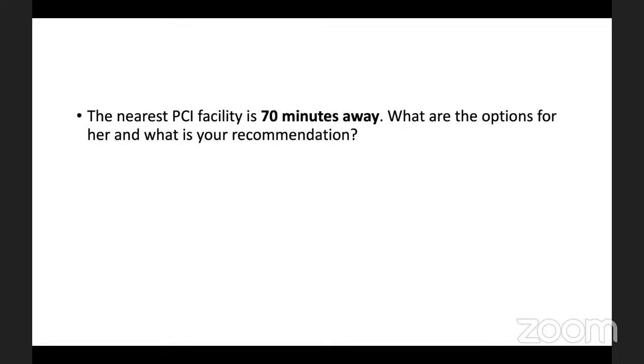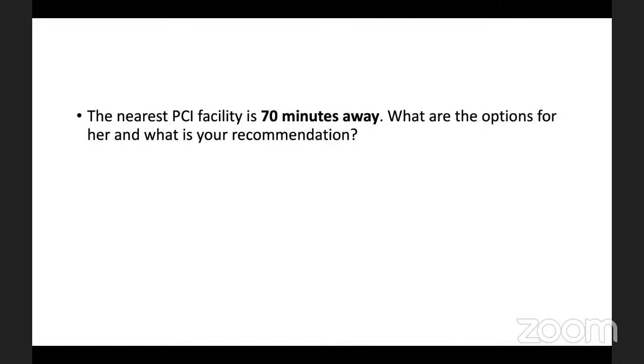So what are the options to treat STEMI? We have fibrinolytic therapy and/or primary PCI, right? Yes.